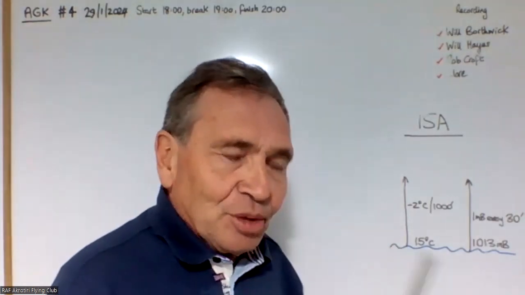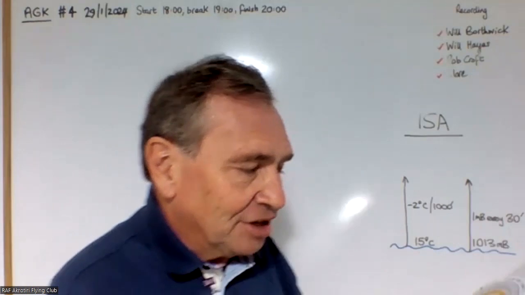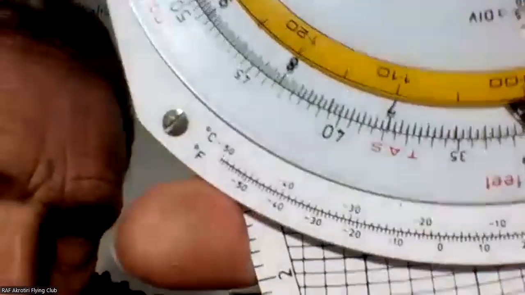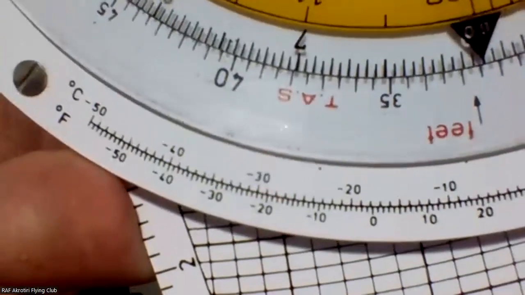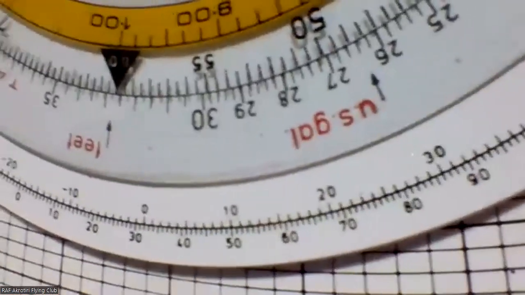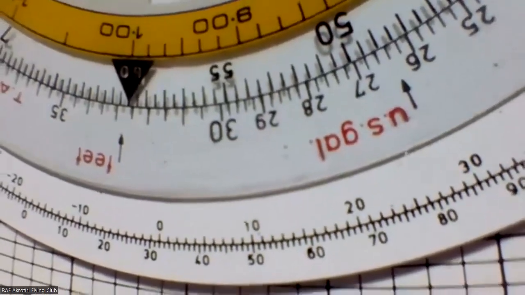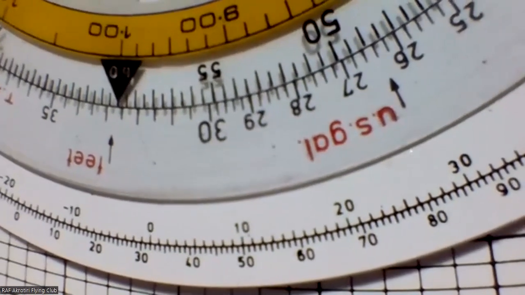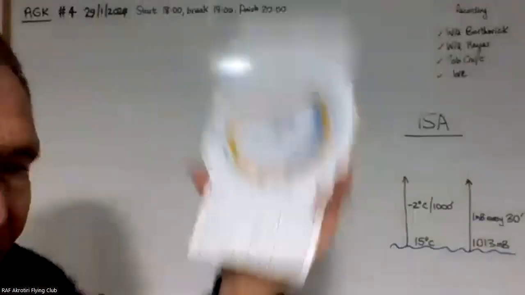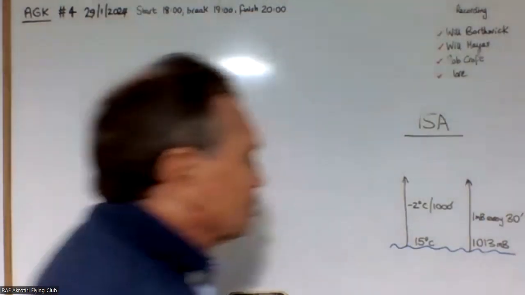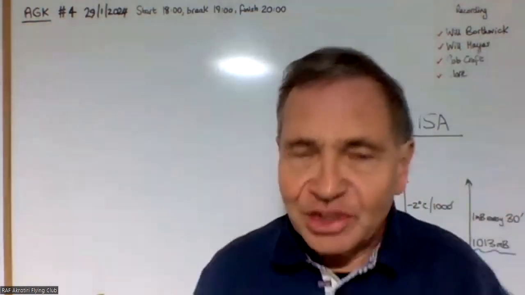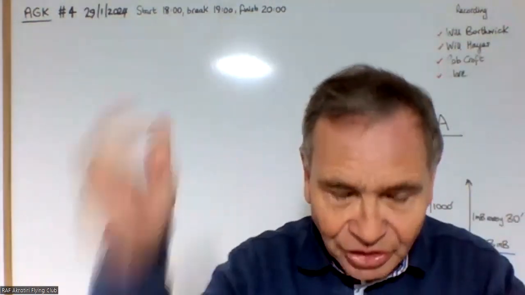And of course, you can work out if that's the right answer by just looking on your little whiz wheel. Find 15 degrees centigrade, and then you'll see that roughly lines up with about 59 degrees Fahrenheit. And the secret with all of those numerical questions in the exam is you've got to RTFQ all the time.